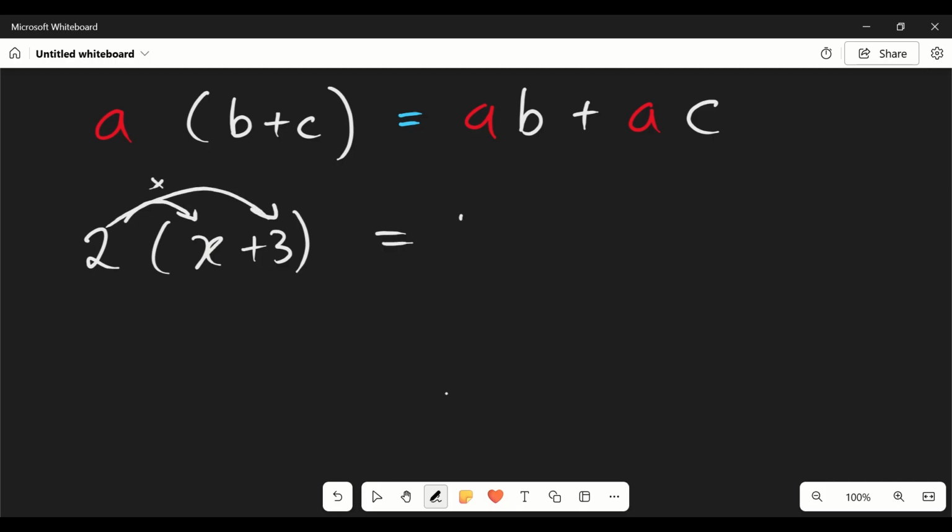You get 2 times x plus 2 times 3. Then you have 2x plus 6. So, distribution removes parentheses.